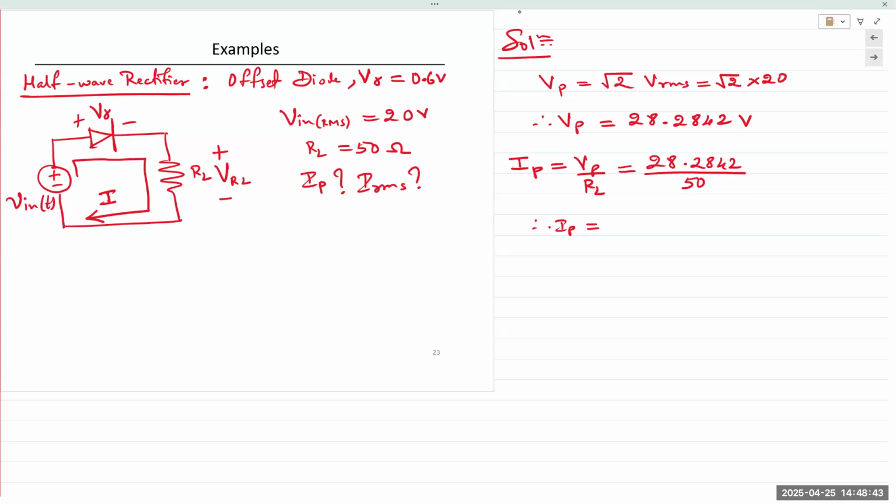Now, if we did 28 divided by 50, we'd have a far different answer, though. The answer is 0.565685.